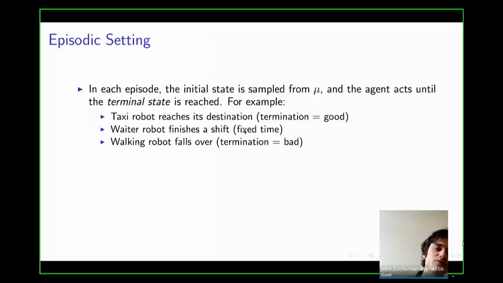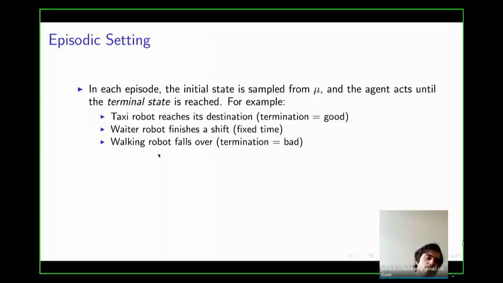So that would be like a waiter robot where the episode ends when it finishes its shift. Or you could have another kind of MDP where you want the episode to be as long as possible. Like you have a walking robot and you want it to be able to stay up as long as possible before falling over.